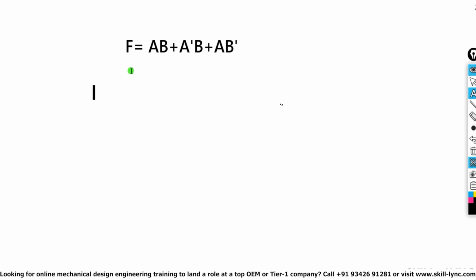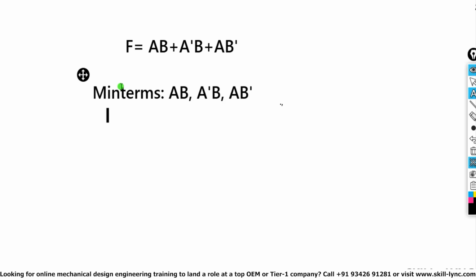This is the question. As the function suggests, it has only two variables A and B. Now we want to find the minterms and write the function in canonical SOP form. The minterms, we know, are AB, A bar B and AB bar.